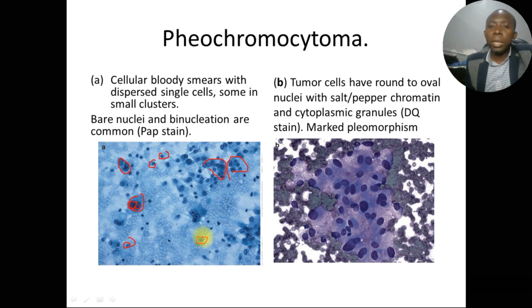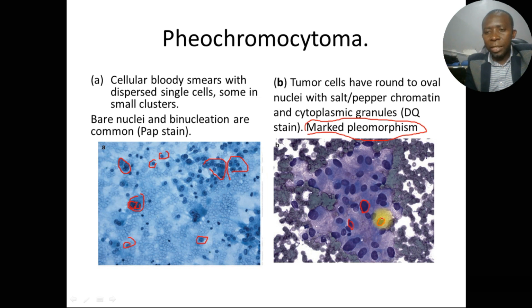This is under Diff-Quik stain, and there is marked polymorphism. This is very important, marked polymorphism. So let's look at these cells and see for sure there is marked polymorphism. When we look at how this cell is appearing, the shape and the size of the cell are different.